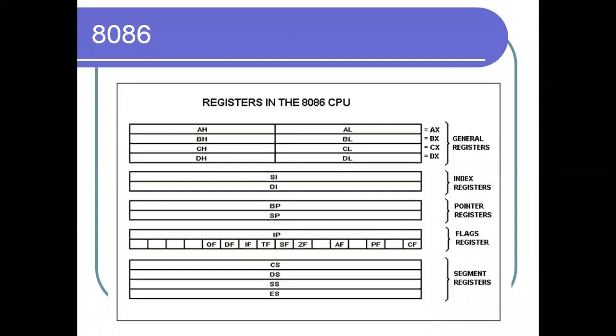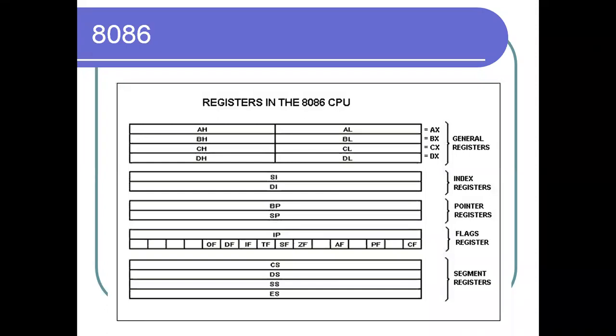This is a typical register organization of the 8086 CPU, an earlier CPU created by Intel. Here you can see the various registers. There are general purpose registers, which are the accumulator registers: A, B, C, and D. After that, there are index registers called SI and DI, where SI stands for source index and DI stands for destination index.